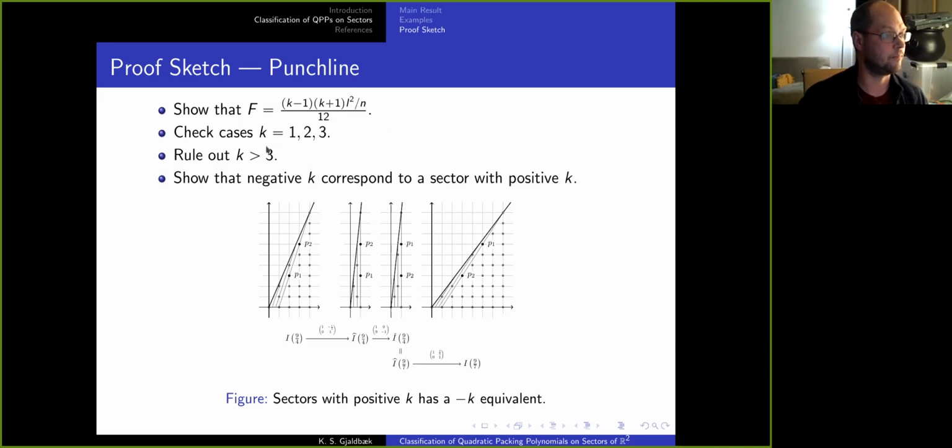And move a little further, you can rule out k being greater than 3. And finally, we can show that the negative k cases correspond to a sector with a positive k. So this picture shows how that correspondence is, and that the sectors are not always the same. So here, if you look at alpha being 9/4, you do the sector transformation.